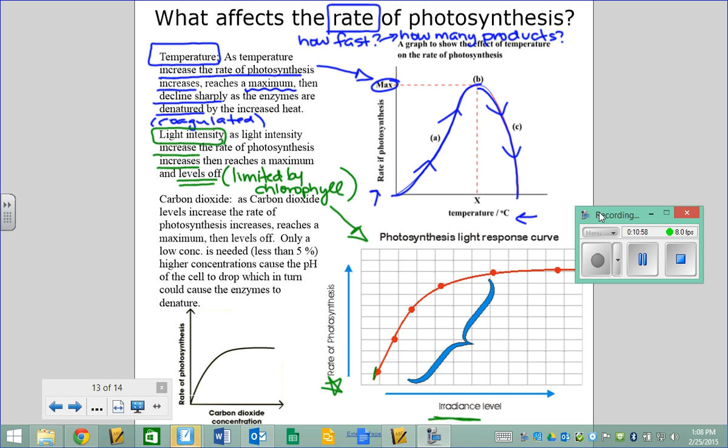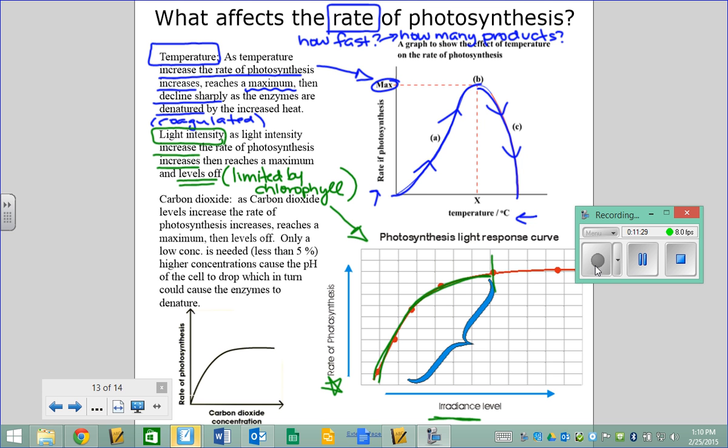This section here is where light is actually having an effect on the rate of photosynthesis. So, to a certain point, increasing light intensity will also increase photosynthesis. So, on this particular graph, there's a portion where light intensity is affecting the rate of photosynthesis.